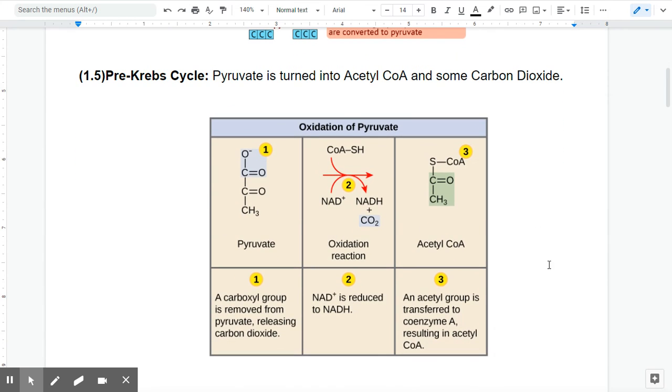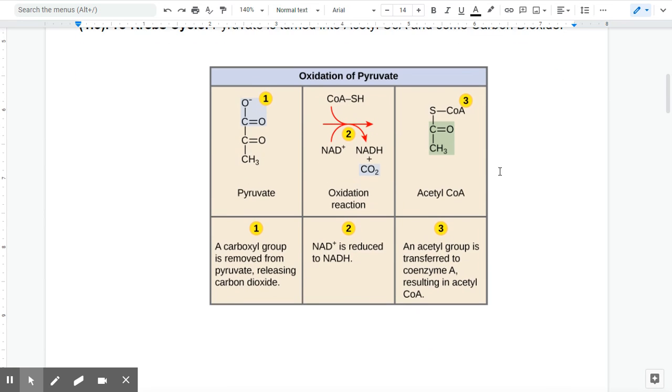Something happens before we actually get to the Krebs cycle. What that is, is that pyruvate is turned into acetyl-CoA and some carbon dioxide. So we go from this and we turn into this thing. Okay.